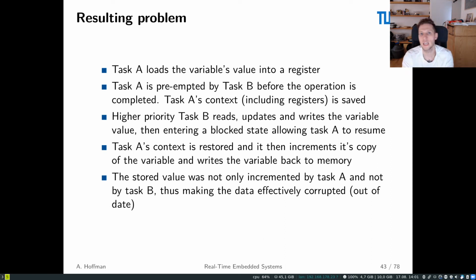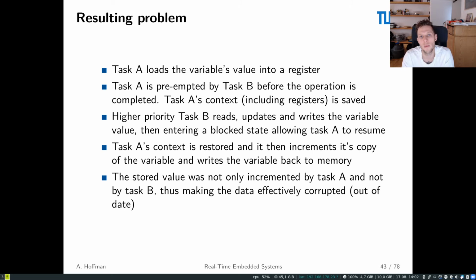It will then block and give up control back to task A, which has 1 in its registers. It will increment it to 2 and write it back, and so we have the value 2 in memory at the end. But we should have the value 3 because we're doing 2 increments. We're going from 1 to 2 to 3, but we don't. We have corrupt memory, and so this is not desirable behavior.